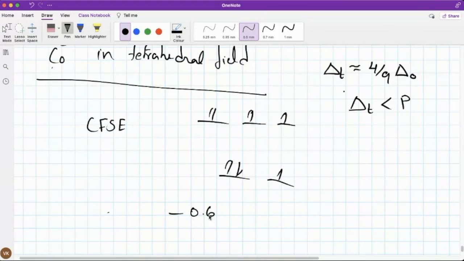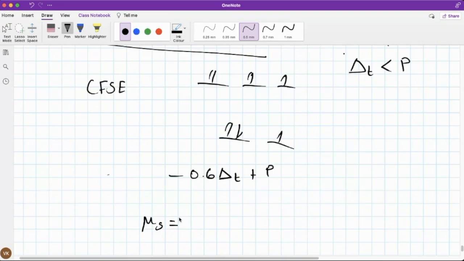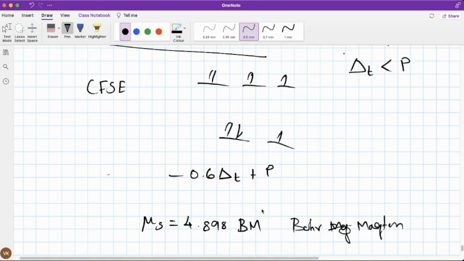Minus 0.6 delta T plus 1 P. The magnetic moment is 4.898, root 24.